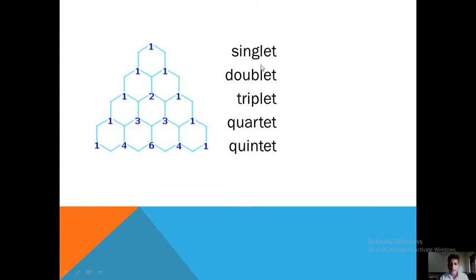Here we can see the different multiplicities: singlet, doublet, triplet, quartet, quintet. The number appearing at a given site is the sum of the numbers linked to it from above by the light blue lines. Thus the center number of the quintet is 3 plus 3, equal to 6. Of course, the complete analysis of the spin distribution shown for the case of 1,1 dichloroethane leads to the same relative intensities.